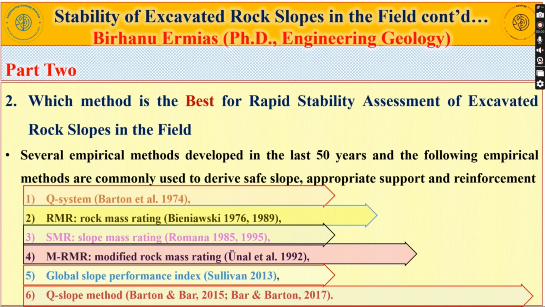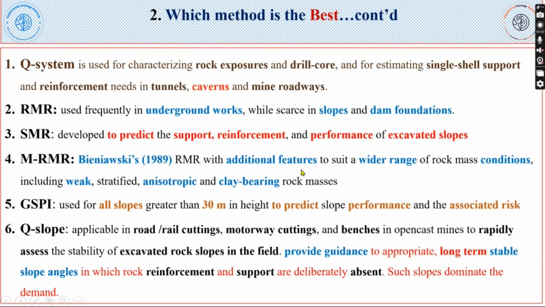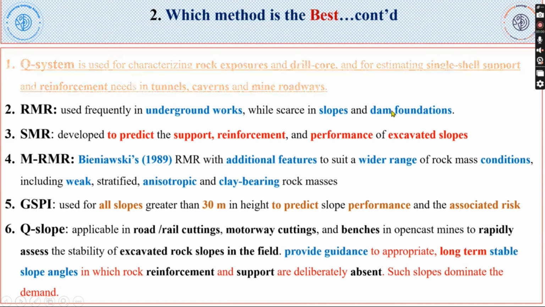The first system is known as the Q system, and this system is used for characterizing rock exposures in a drill core and for estimating single shell support and reinforcement needs in tunnels, caverns, and mine roadways. The second method is known as rock mass rating, which is frequently used in underground works, while its use is scarce in slopes and dam foundations.